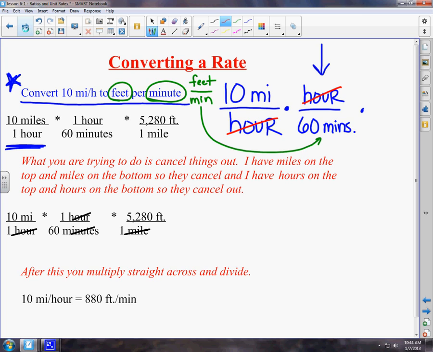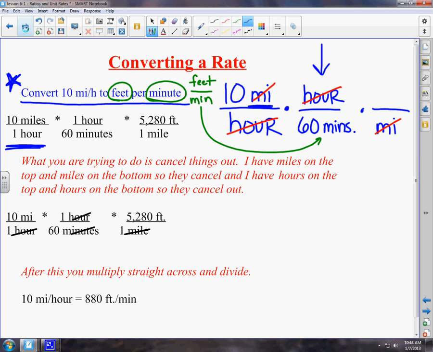Miles, however, I have to get rid of. So I'm going to put miles down here. Notice I had miles right here. Since I put it in the denominator, I can cross off the numerator here because there's one on top and one on bottom. I specifically chose to put it in the denominator because I wanted to get rid of it.